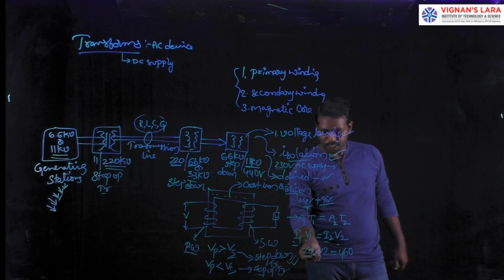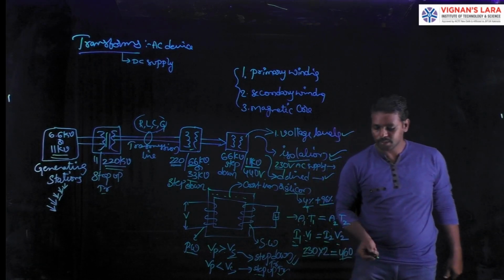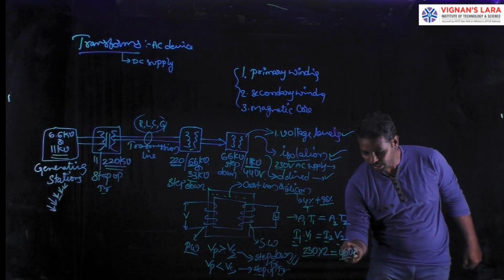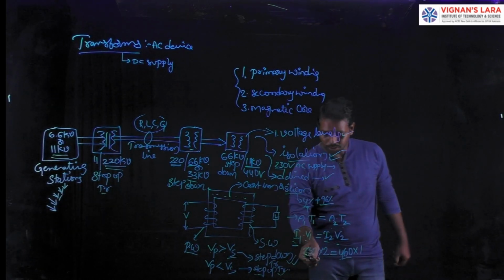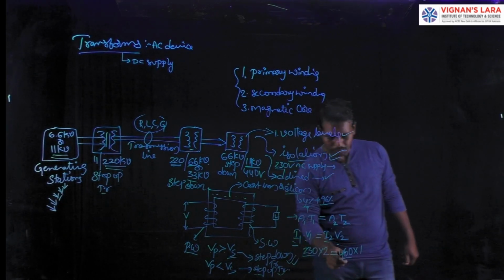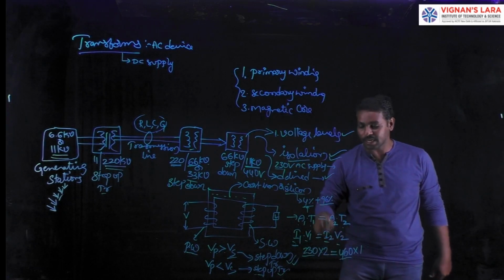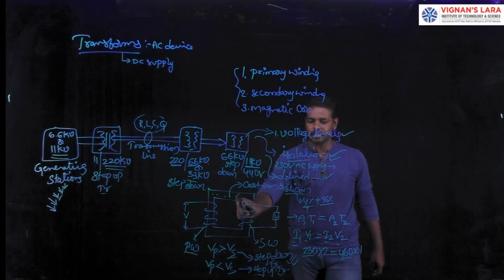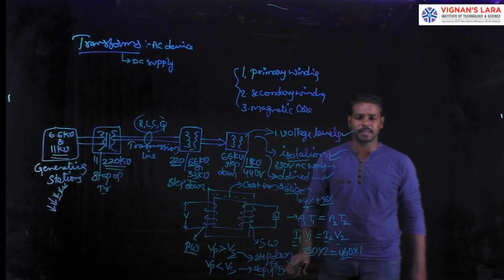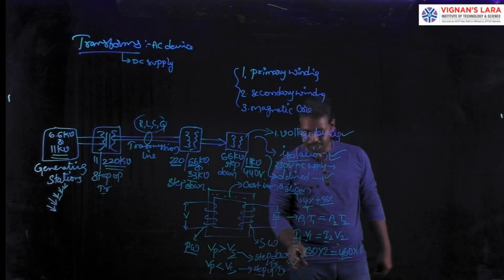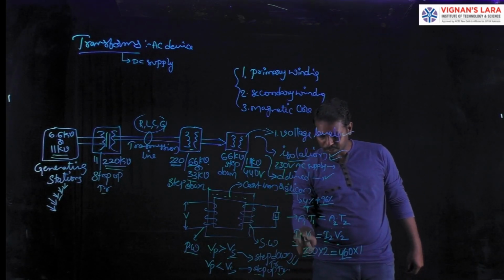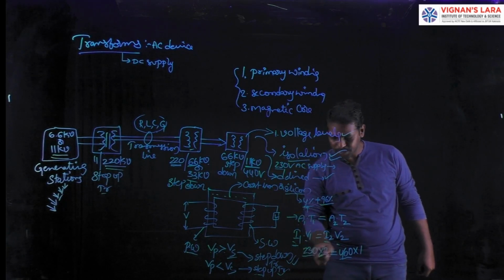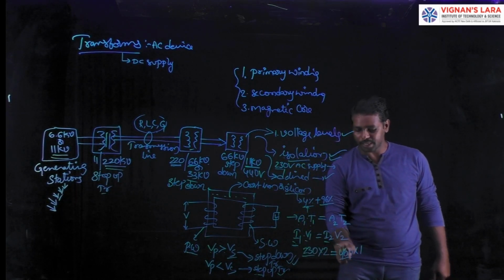So primary voltage is 230, secondary is 460, but the current should be reduced. 230 into 2 is equal to 460, and 460 into 1 is equal to 460. That property is exhibited by the transformer, that ampere turns of primary must be equal to ampere turns of secondary.